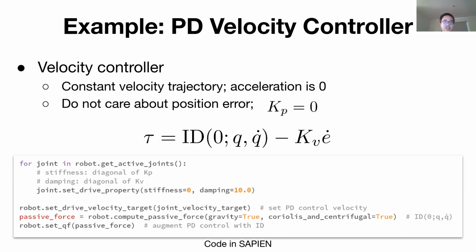Here, since the velocity is constant, the acceleration is 0. And we do not care about position error. So the augmented PD control becomes the inverse dynamics of 0 minus the velocity error term. This can be easily implemented in Sapien as shown in the code below.